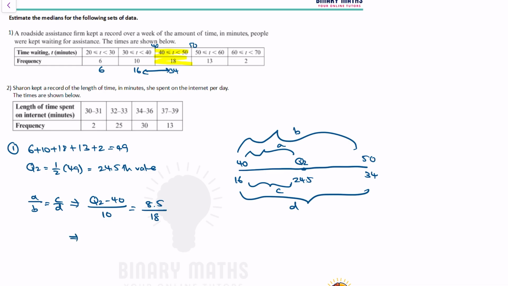Now if I rearrange it, Q2 will be equal to 8.5 over 18 times by 10 plus 40, which is equal to 44.72222. If I round it, I get 44.72.